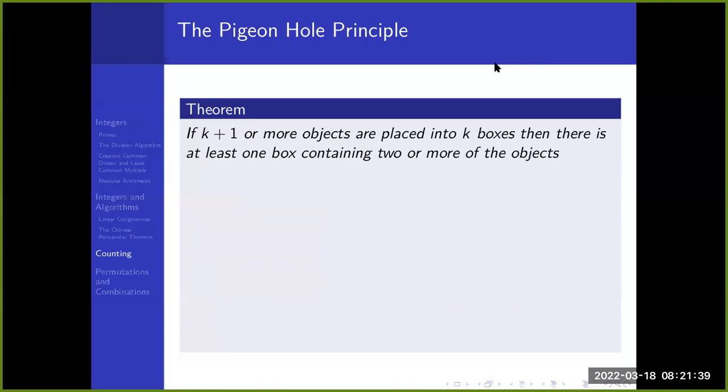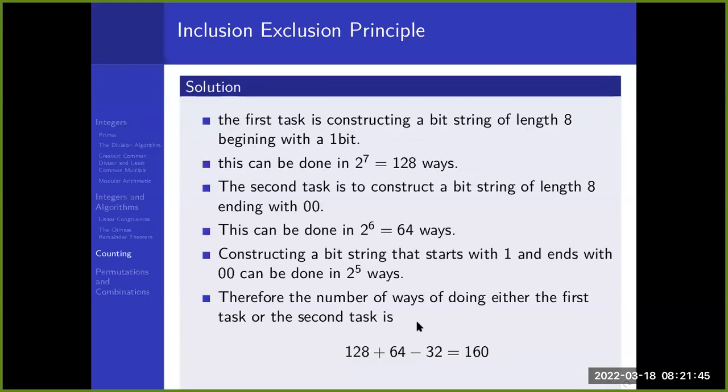So the next thing we look at is the pigeonhole principle. Why minus 32? Is there a question? He's asking, sir, why have you subtracted that 32?